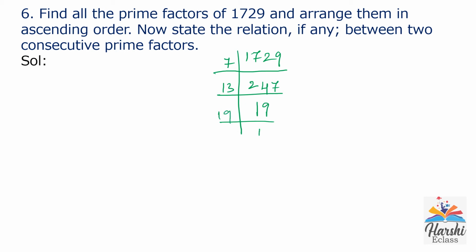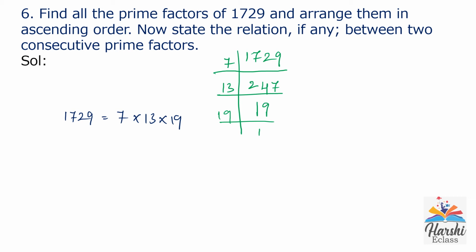So, the prime factorization of 1729 we can express as 7 into 13 into 19. Here, let's find the relation, if any, between two consecutive prime factors.